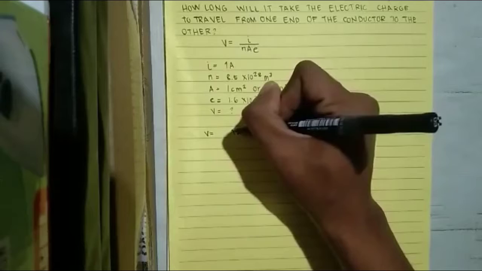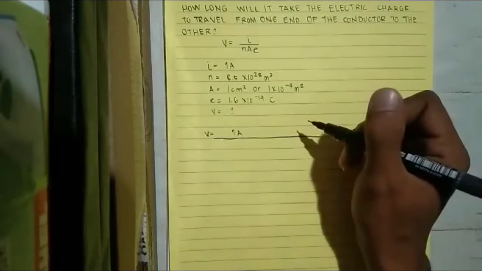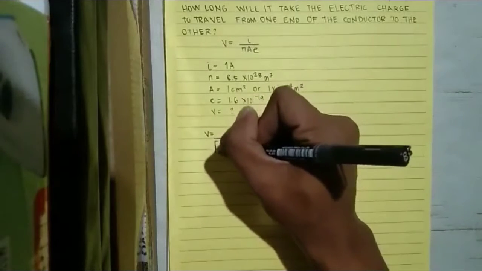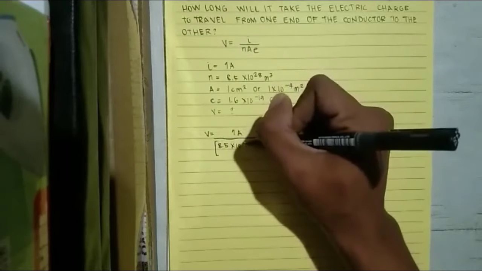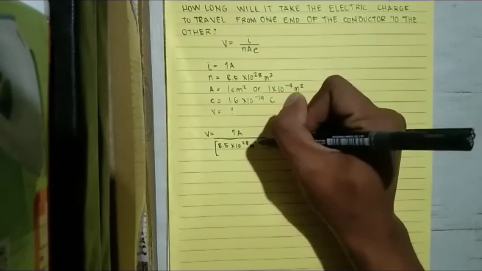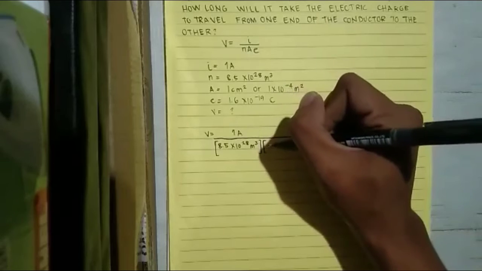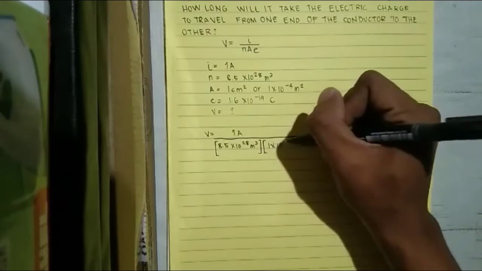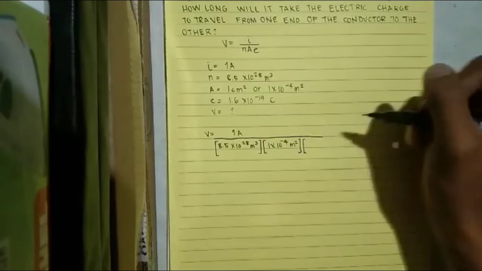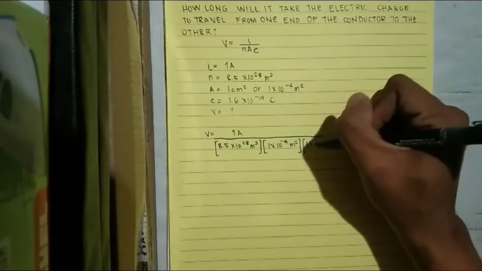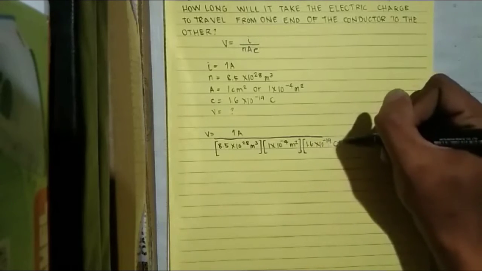B is equals to, yung I natin is 1 ampere, all over yung N natin is 8.5 times 10 raised to 28 meter cube, times yung A natin na 1 times 10 raised to negative 4 meter squared, times yung A natin na 1.6 times 10 raised to negative 19 coulomb.